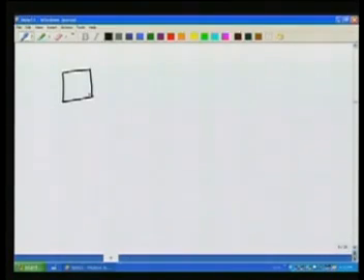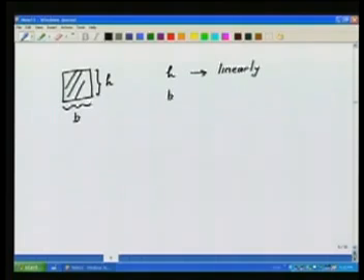Let us say, and for this cross section, this is the height h, this is the width b. Okay. Now, we say that h is varying linearly and b is constant, that is the height varies linearly, that is I have a tapering in the height while the depth remains the same.